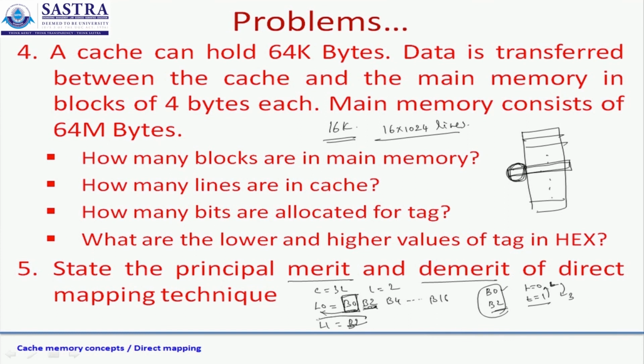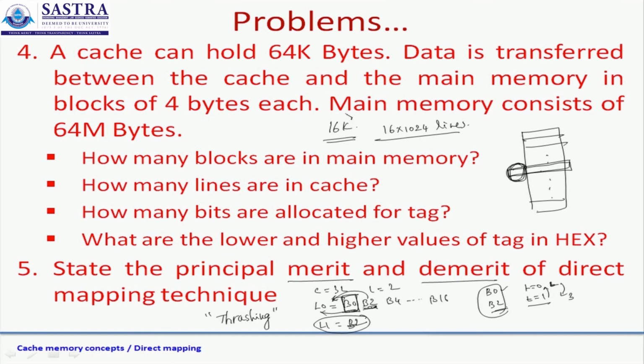But now we cannot use L1 to hold B2. Why? Because a formula is available, that is the direct mapping technique. So B2 should be mapped on L0 only. B0 should be mapped on L0 only. Right? So this problem is called a thrashing problem.